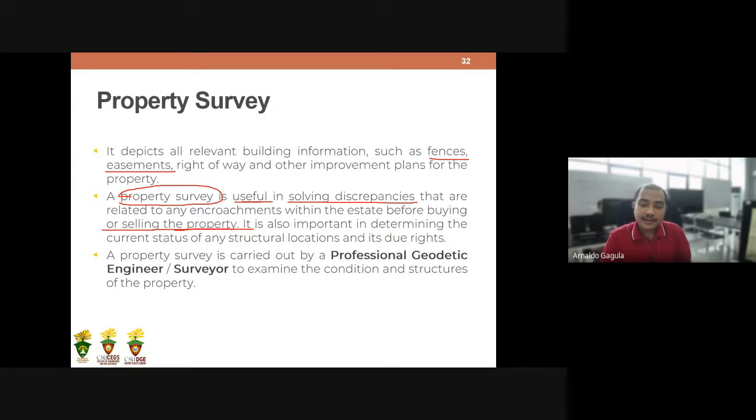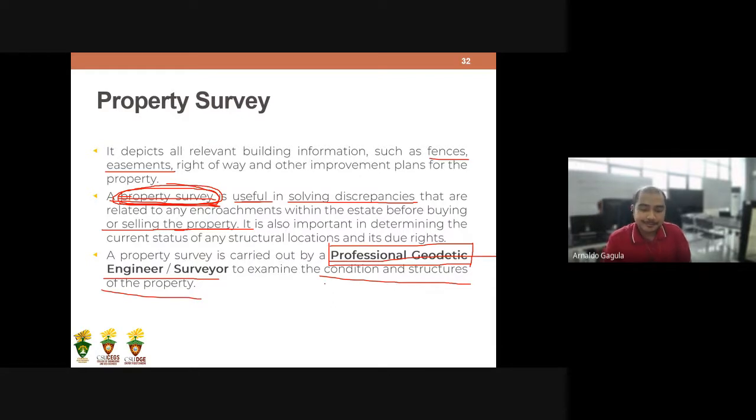So the property survey acts on solving the discrepancies of the properties or an estate. And this property survey can be carried out or executed by a professional geodetic engineer or surveyor, which is where we will enter as geodetic engineers, to examine the condition and structures of a property.